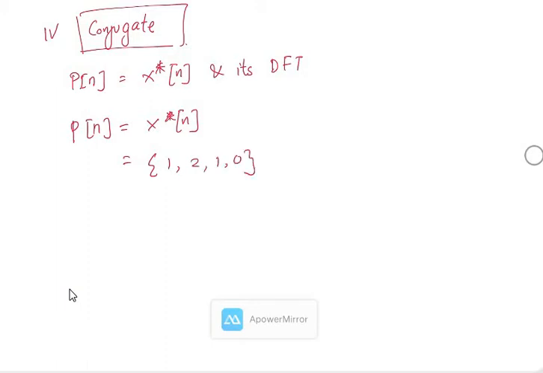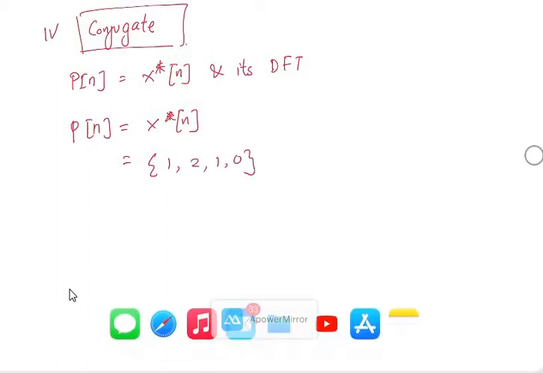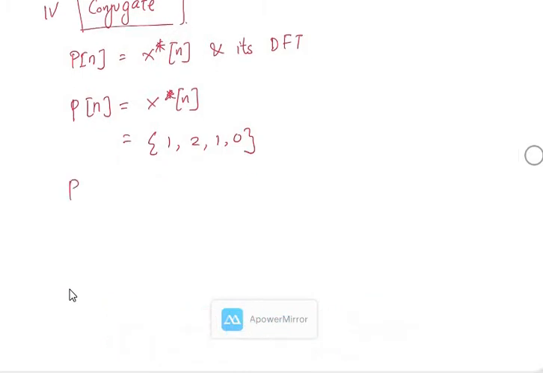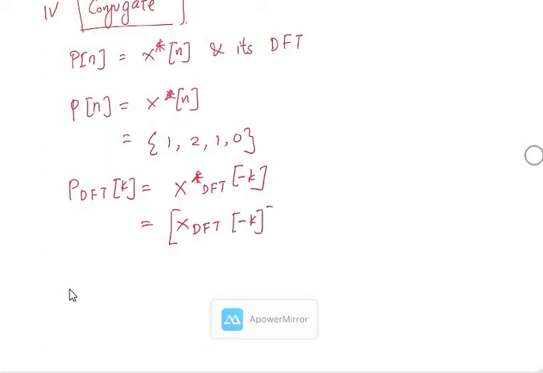But this pn has no change because there is no imaginary part. Conjugate only works on the imaginary part. So the DFT is X(-k) conjugate.